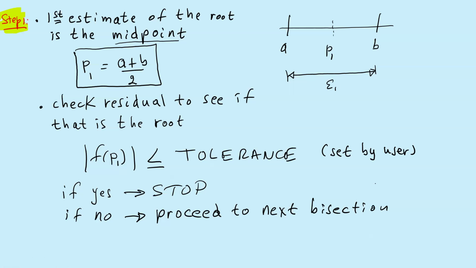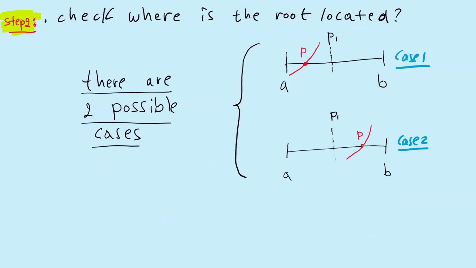If not, proceed to the next bisection. There are two possible cases. The root may be located to the left or to the right of the midpoint.